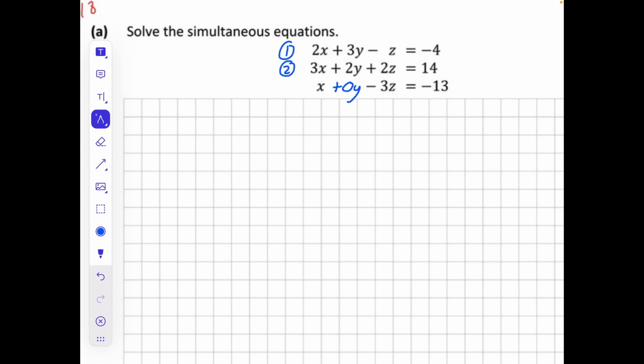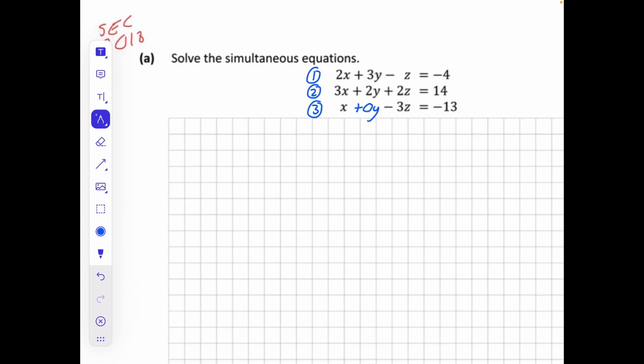So I'm going to label these as 1, 2 and 3. And we're going to start again. Now, if you want to work ahead of me and see how you get on, I'm going to cancel z's. So first I'm going to do equation 1 and 2, and I'm going to cancel z.